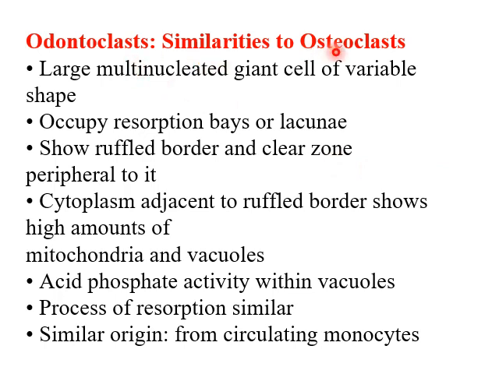Odontoclast similarity to osteoclast. As we said before, the odontoclast is similar to the osteoclast and differs in some points. The similarities include large multinucleated giant cells of variable shape that occupy a resorption bay or lacunae, called Howship's lacunae, and show a ruffled border and clear zone perpendicular to it.